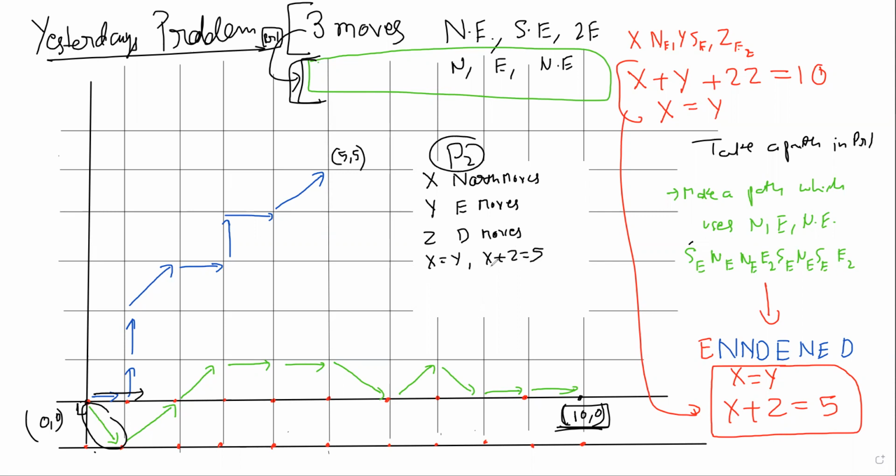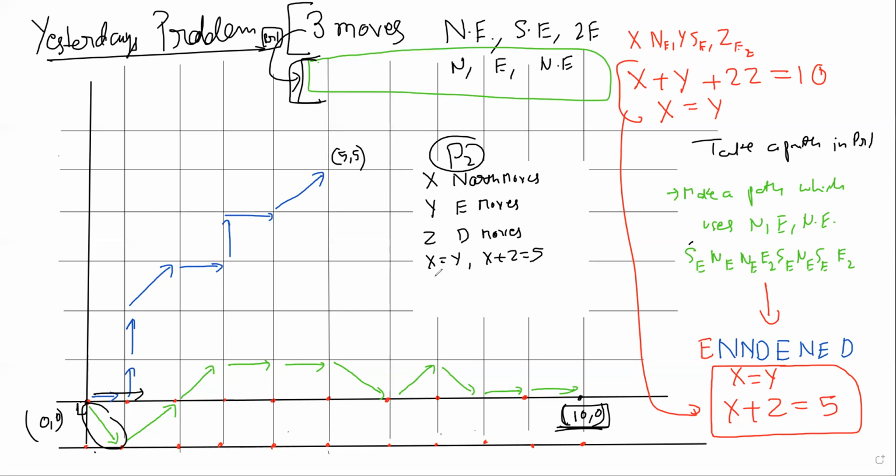Now you ask yourself where you will reach if you make this kind of moves. So x is equal to y. So you're making an equal number of north moves and east moves, right? So we want to show that you will reach 5,5, right?